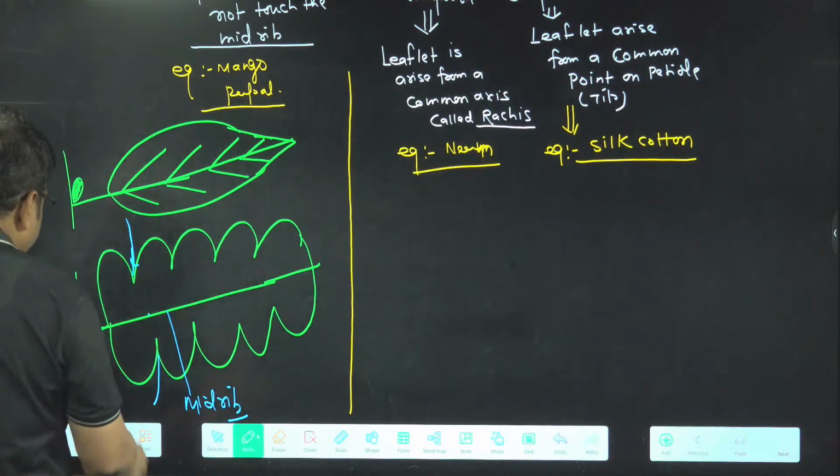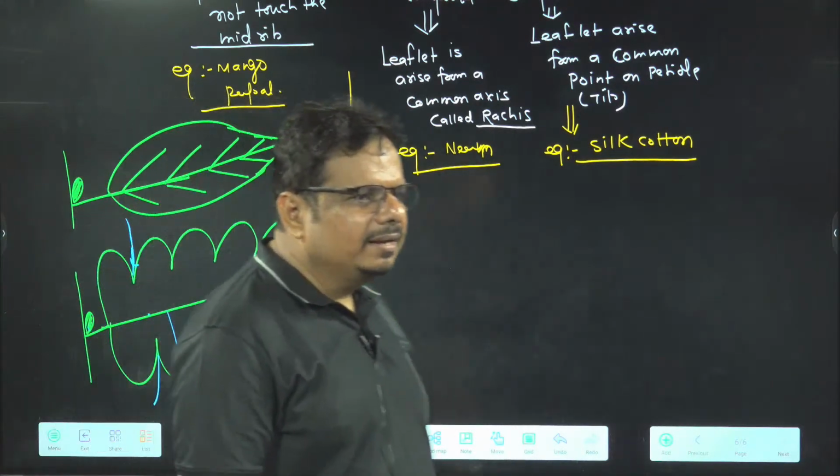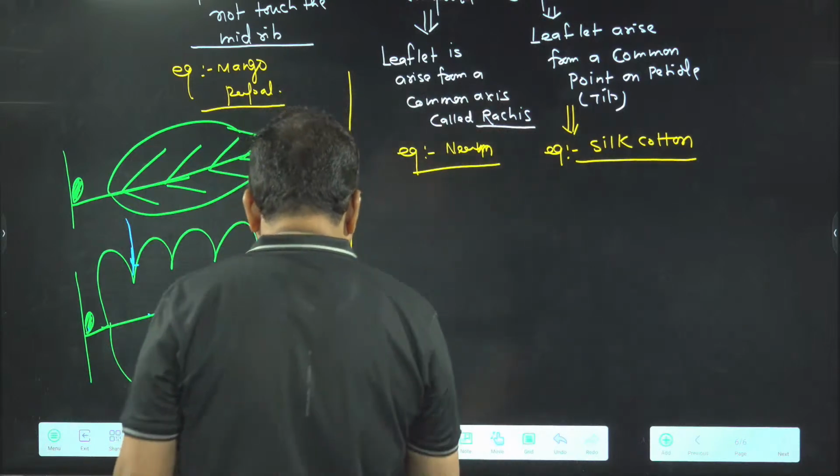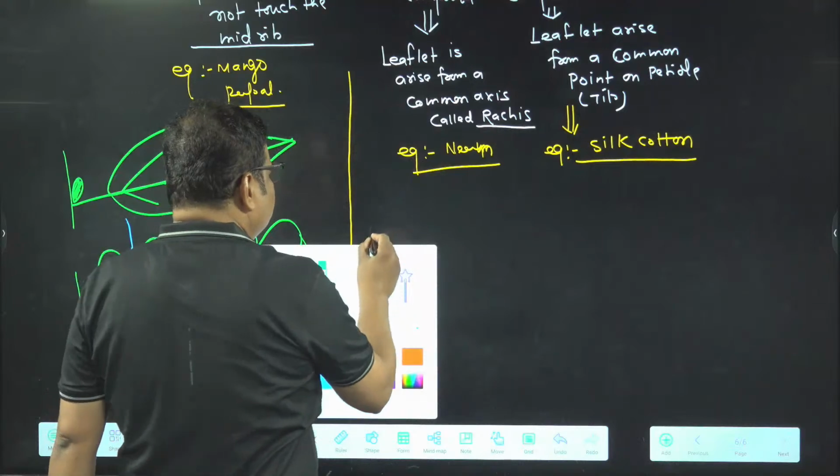So, in the base of every leaf, who is present? Axillary bud is present. Is it clear in the mind? So, now I am telling you the diagram of pinnately compound leaf.